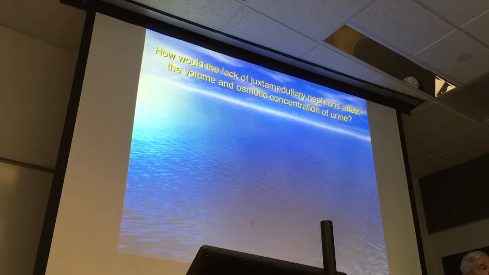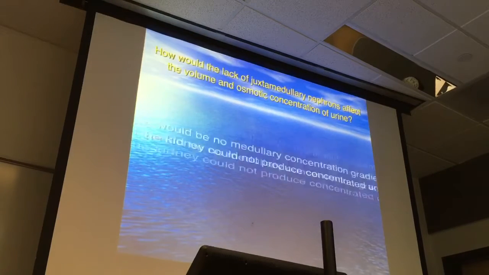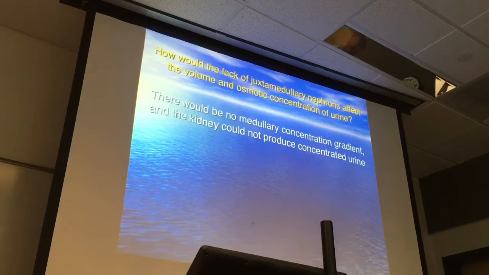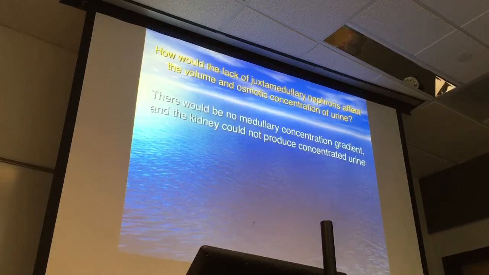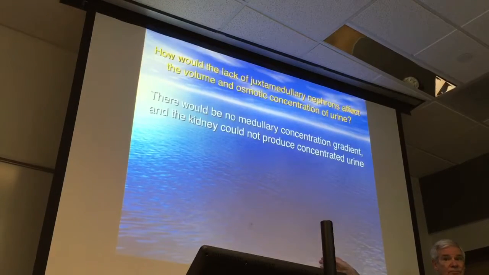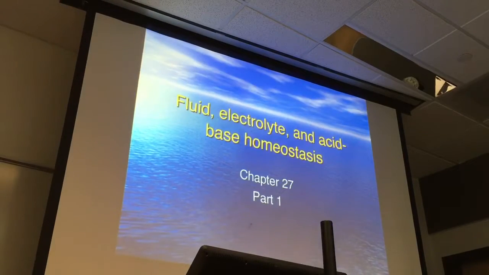Okay? So your urine would not be as concentrated, would contain too much water. You couldn't produce concentrated urine. If your gradient only goes down to 600, you pull out a lot less water.